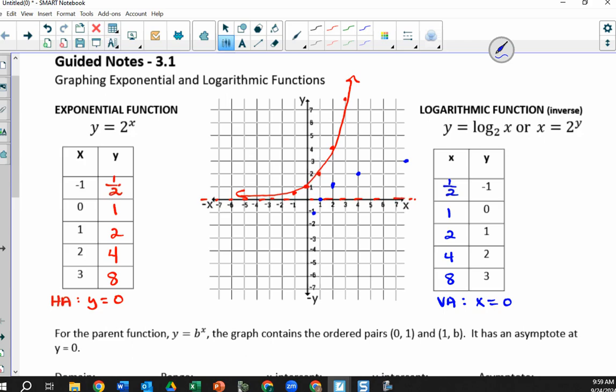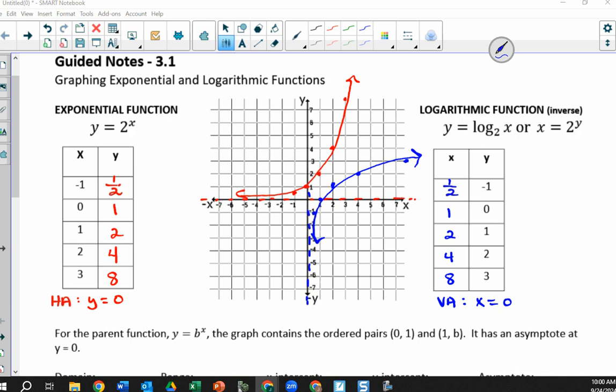Instead of y equals 0, it's x equals 0. And so your graph follows that asymptote. Okay, can you guys see it, how they're inverses, like they're reflections across that line, y equals x?